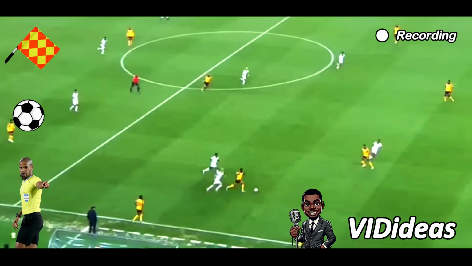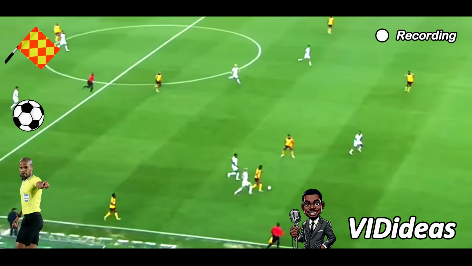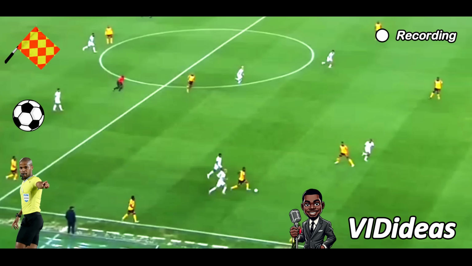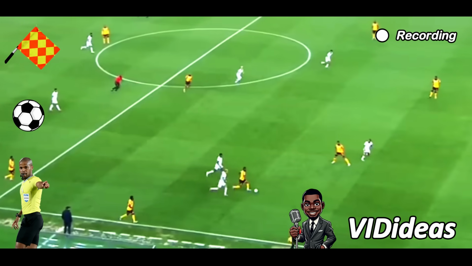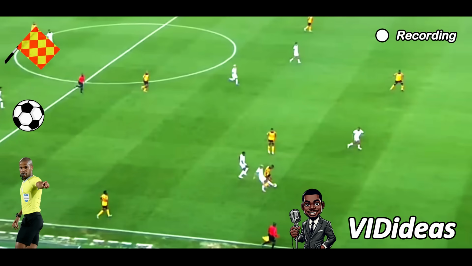Because the linesman there, you can see, is clearly in line with the defense, or the line of action. And then we see there's Usales challenging for the ball.